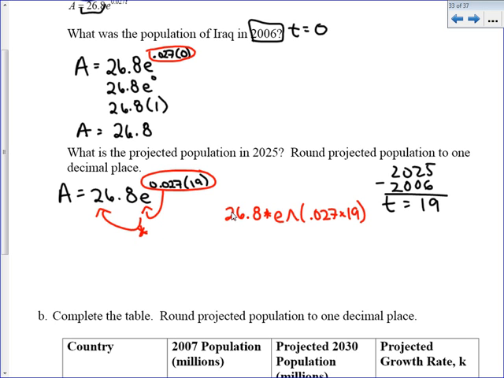Yay or nay? Nay. Okay. Perfect. But you want it, so you do 26.8 times your E. It's not automatic.